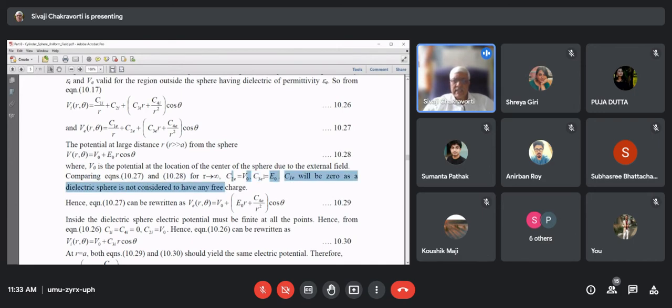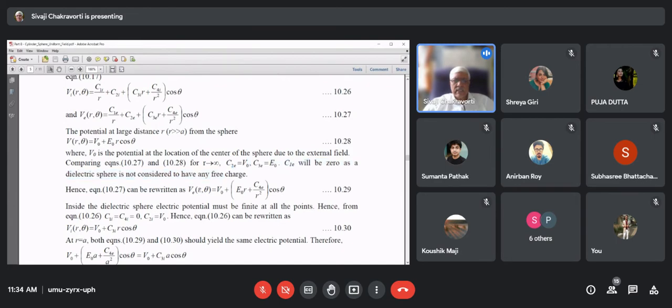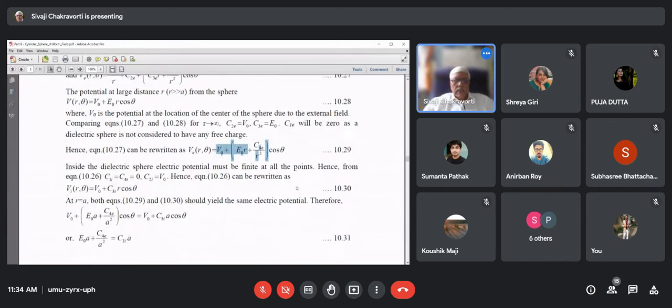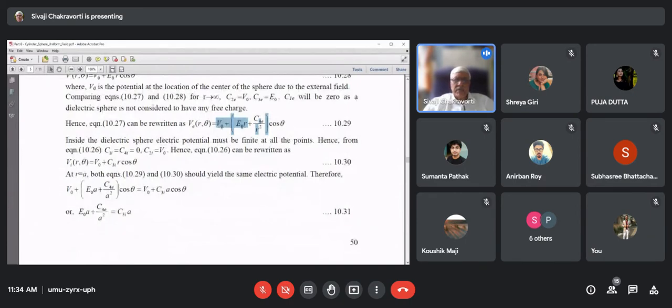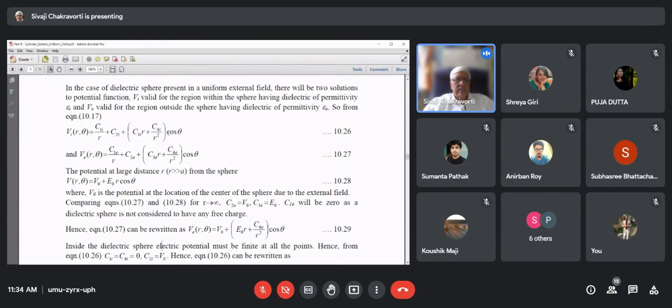Inside the dielectric sphere, the potential must be finite at all the points, which is quite obvious. And if you do that, then looking at the equation, that is equation 10.26, and once again just go back. See, this is a dielectric sphere. The center of the sphere is very much within the field. So field is not undefined at the center of the sphere when r is equal to 0. So that's exactly what we are going to put it here.